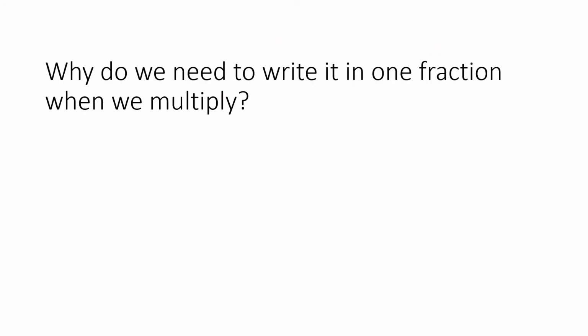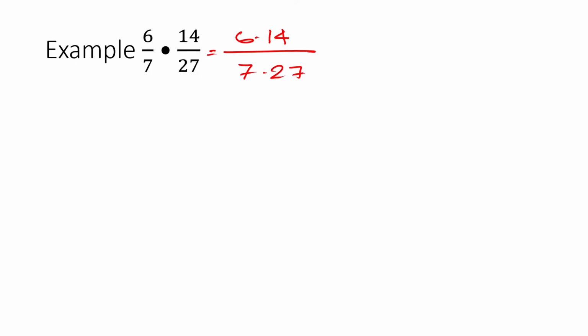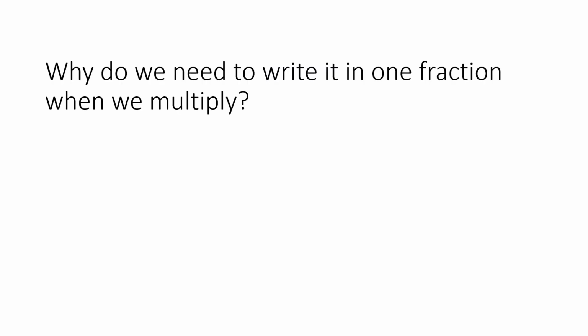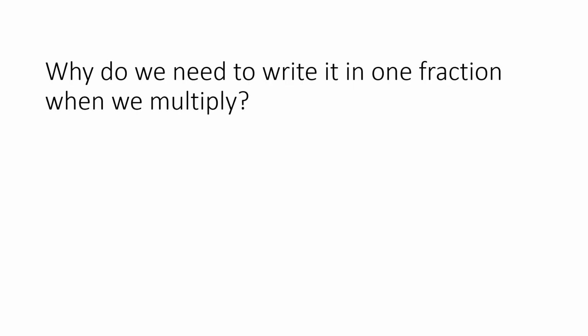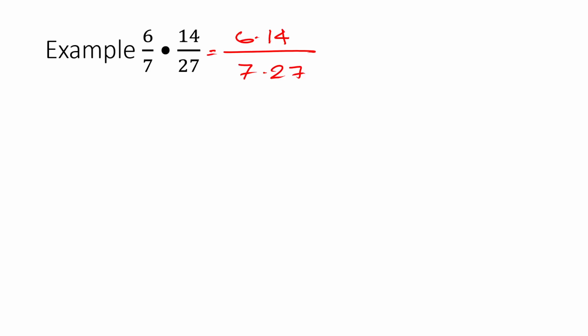That's why you only see the benefits of actually writing this as one fraction when you have a big fraction. However, I still want you guys to have a habit of writing the fraction as this, such that you remember, oh, there's a better way than just multiplying across.